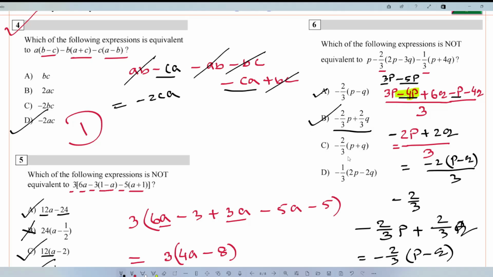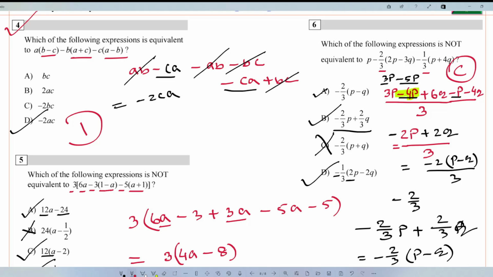Number C is not okay, because here is minus 2p and plus 2q, so C is not okay. It means C is our answer, not similar. Similar thing, number D is okay. How? Here is minus 2 divided by 3 p, and plus 2 divided by 3 q. So here only C is not our right answer.